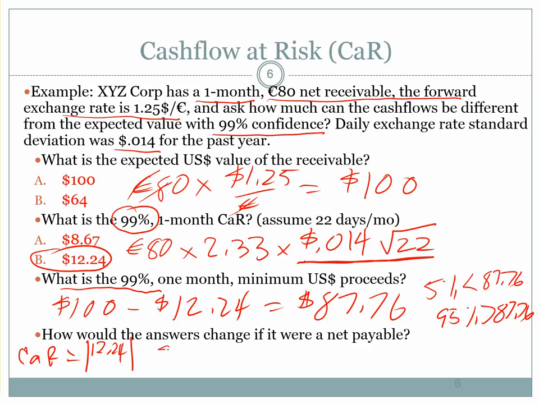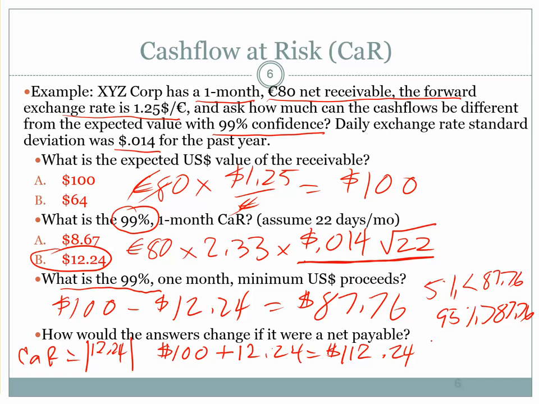So if this were a payable, I expect to pay $100 to satisfy an €80 payable. However, there's a chance that I could pay $12.24 more, so there's a chance it'll cost me $112.24 or more to pay off this €80 payable.